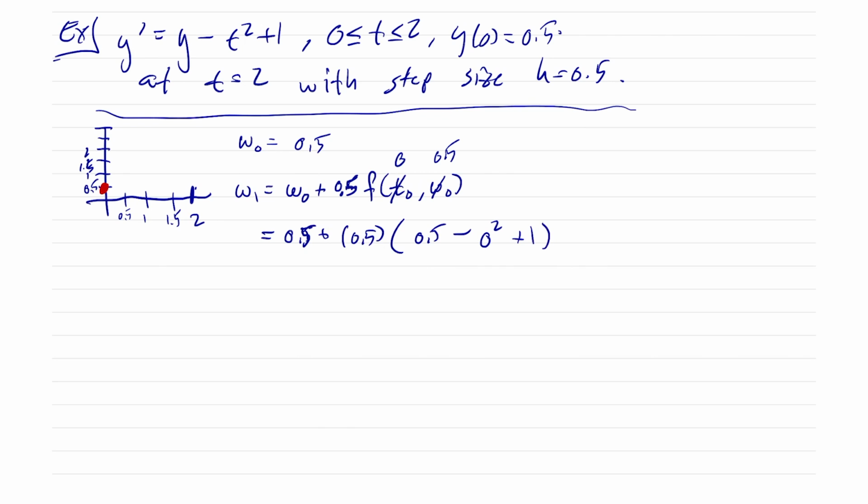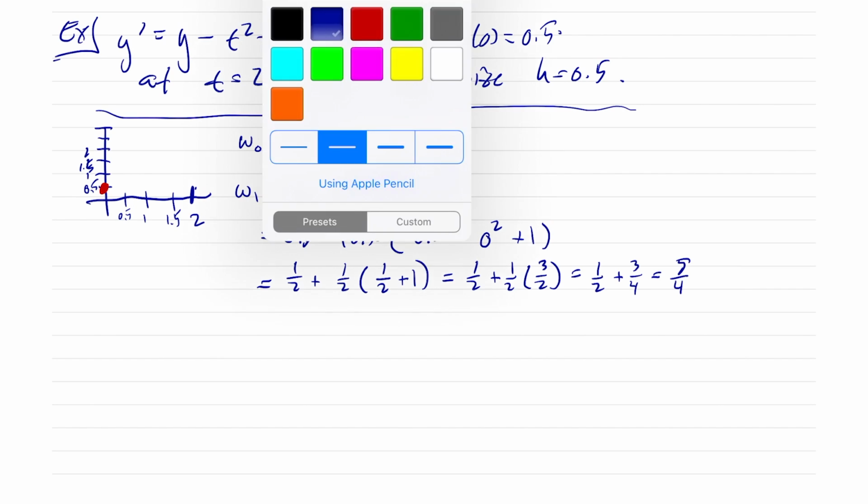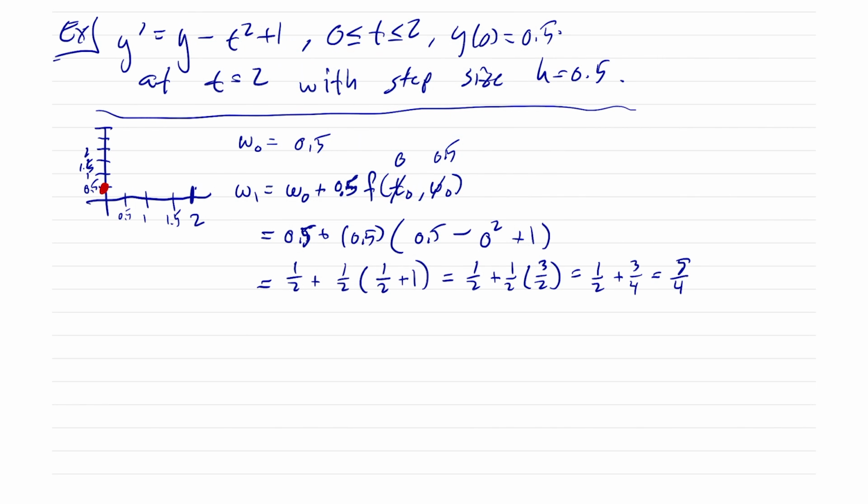Well, this itself is going to be 1/2 plus 1/2 times 1/2 minus 0 plus 1, right? And so we can work this out. It's going to be 1/2 plus 1/2 times 3/2. It's 1/2 plus 3/4. And so that is 2/4 plus 3/4. That's 5/4, so 1.25. So that puts our next point roughly here.